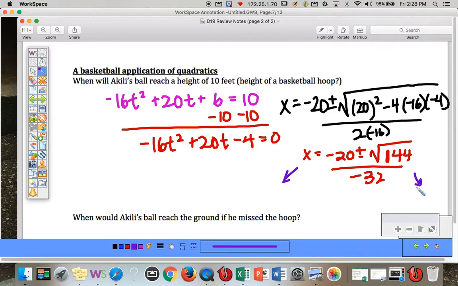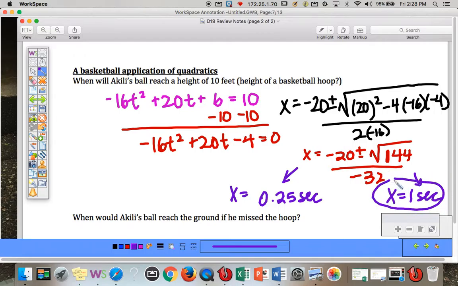So the first one I'll do negative 20 plus the square root of 144, which is 12, divided by negative 32. So the first one's relatively quick. It's after 0.25 seconds. And the other one will be negative 20 minus the square root of 144, which is 12, divided by negative 32, after 1 second. All right, so it reaches the hoop after 1 second.